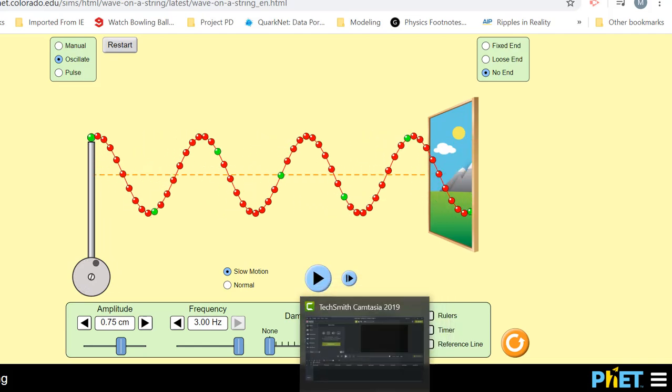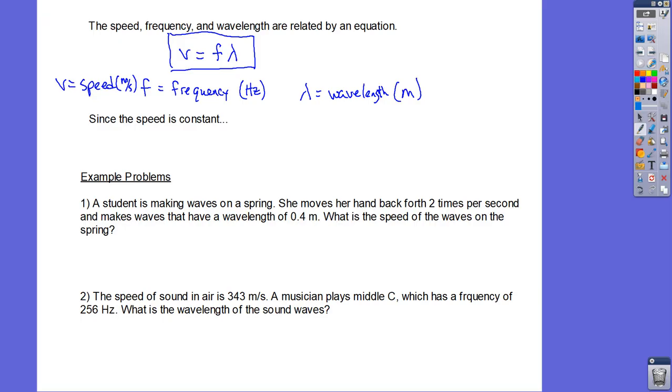So here's another common thing that we run into. As frequency increases, we know the wavelength decreases.